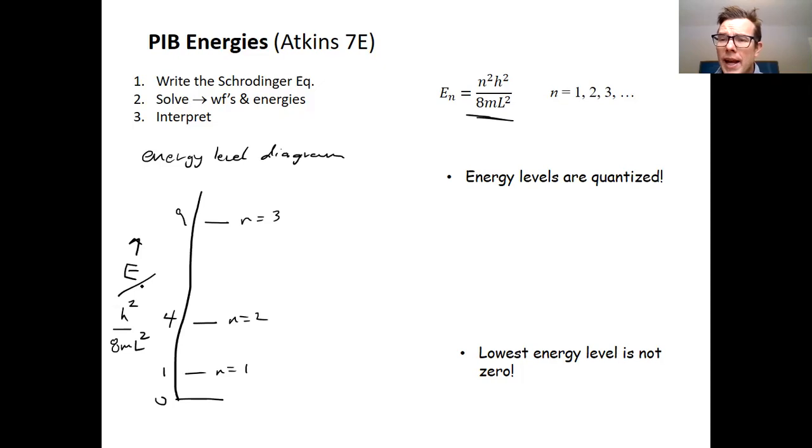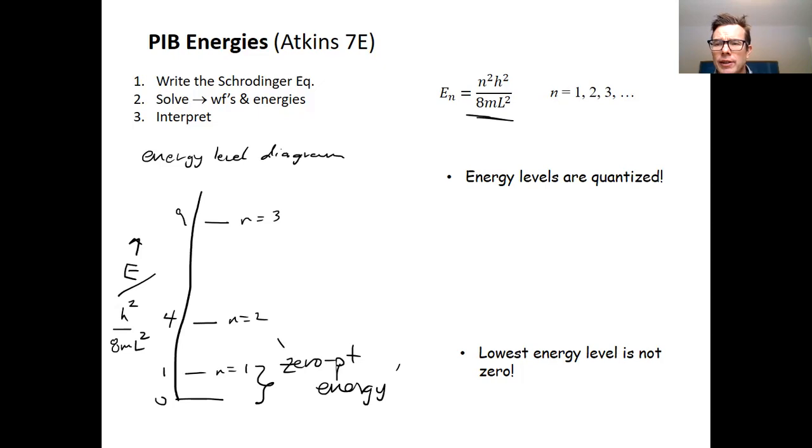If this was a quantum mechanical system and I brought it to absolute 0, it would still have some energy. Right? And so this lowest energy is given a name, which is called 0-point energy.